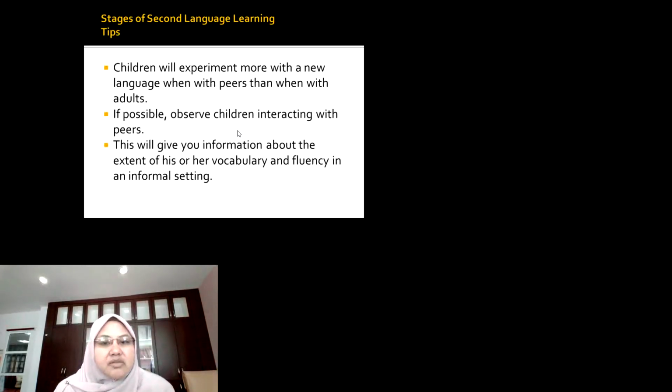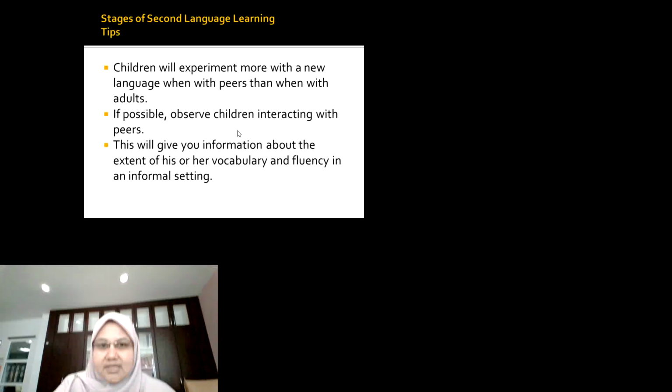Also, this will give you information about the extent of his or her vocabulary and fluency in an informal setting. And you see that they need more vocabulary for the contexts they are always in, and how fluent they are in the informal setting.